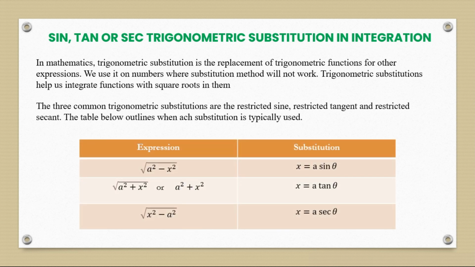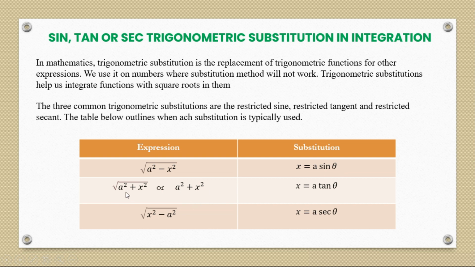Look at this. Each one of these cases has the difference or the sum of squares of a constant and a variable. Here a represents the constant and x represents the variable. Now if you have a root with the square of a constant minus the square of the variable, in that case we make x equal to a sin theta.